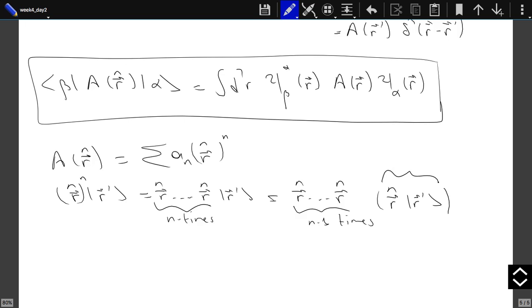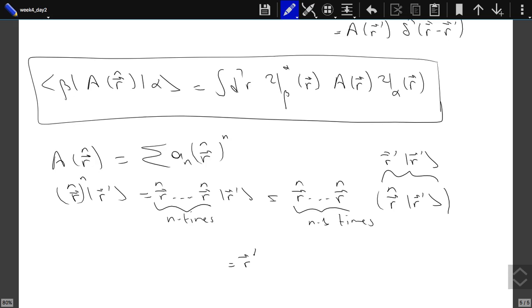But you see, the ket r prime is an eigenket of the position operator. So that gives r prime, not the operator, but the eigenvalue itself.